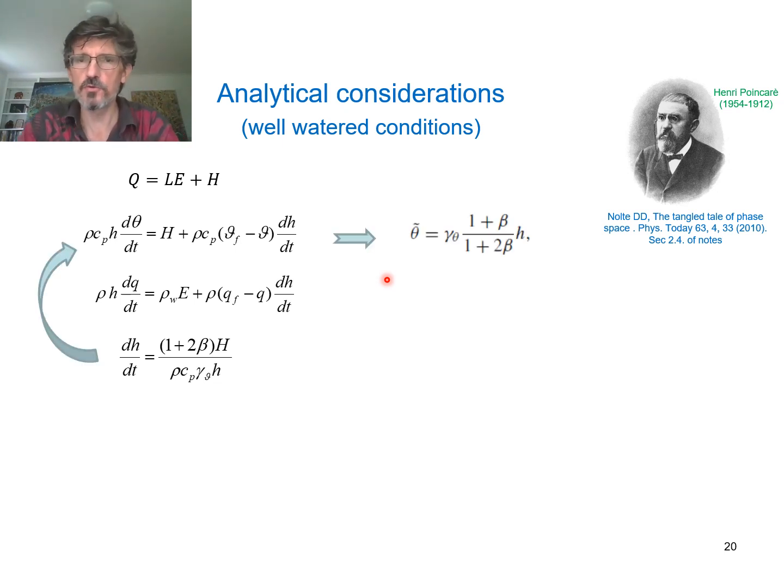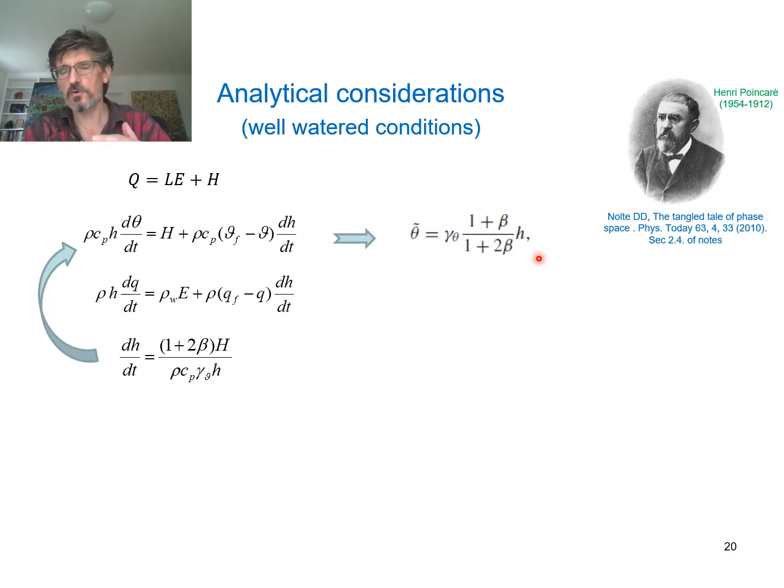So the first step to do here is to realize that by combining 2 equations, we can see that apart from some initial condition that we can forget about, the end result is that theta tilde, approximated, is linearly related to the height of the boundary layer.